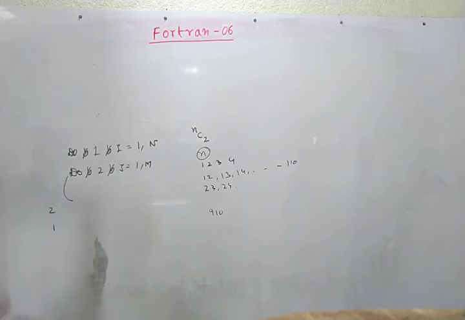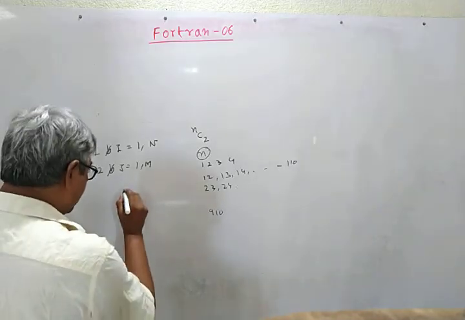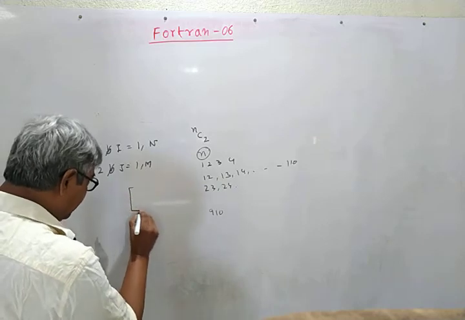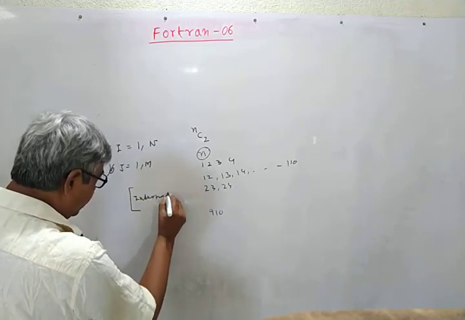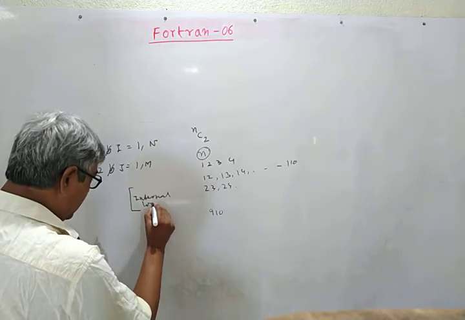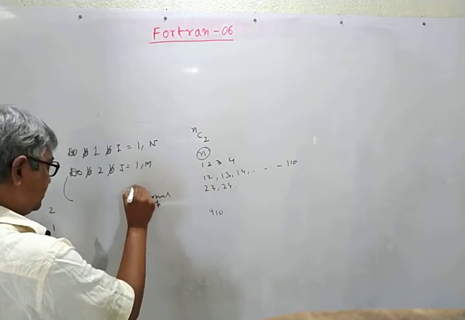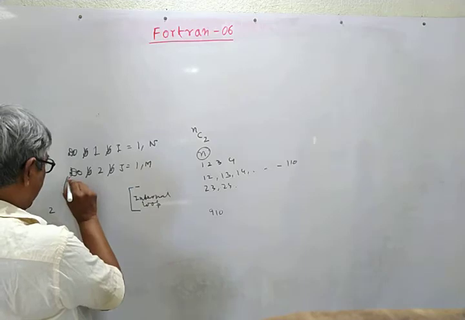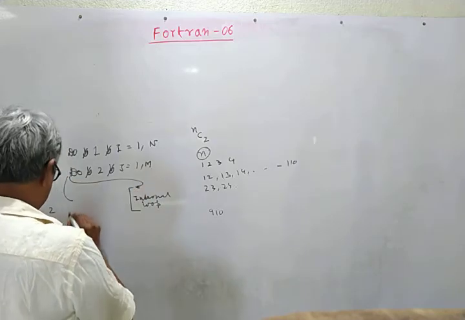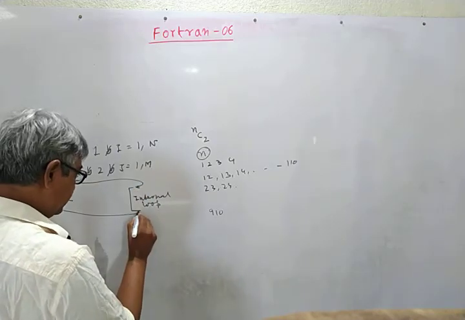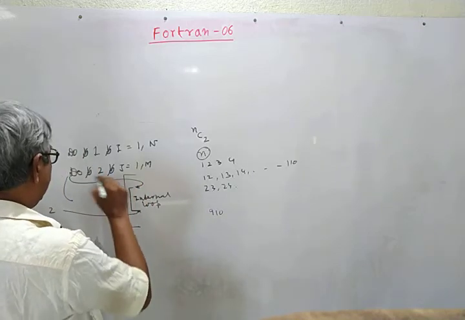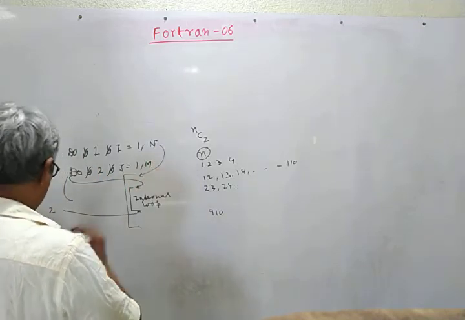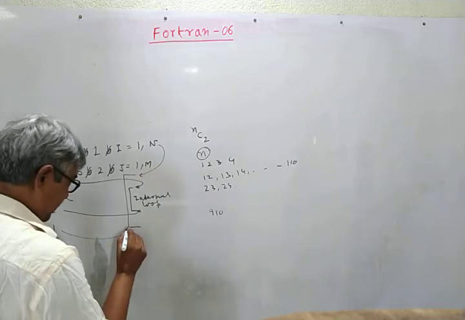The basic structure of do loops is that the internal loop starts over here, so this line is equivalent to this line, and it ends over here. And the external loop starts with this and ends there.